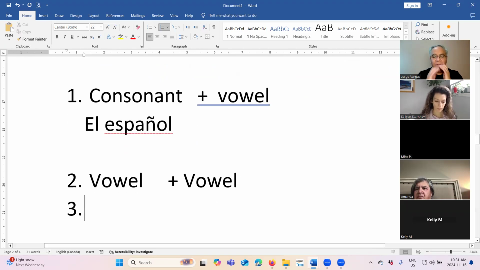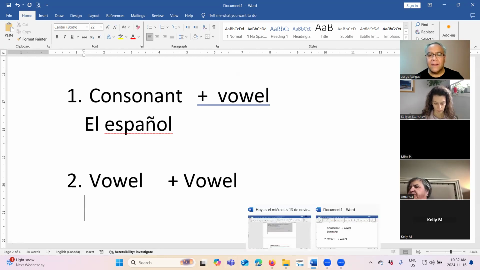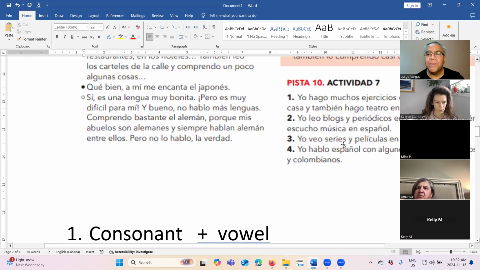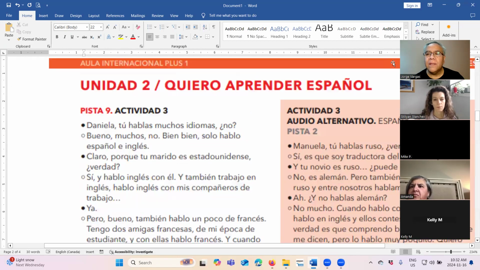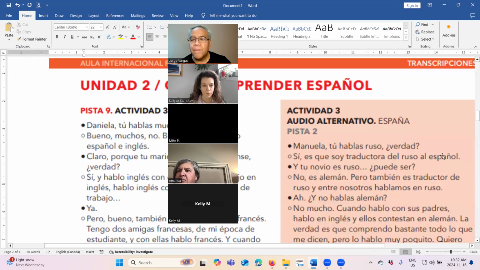Could you think of an example from the segment that we were reading? I'll show it to you right here. Can you think of an example? Like novio es ruso.